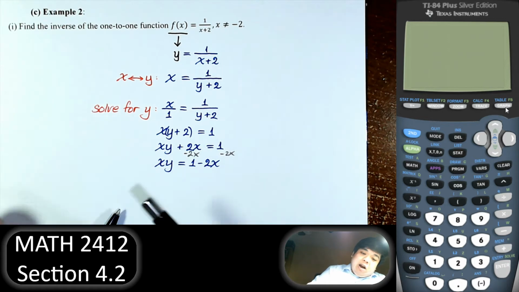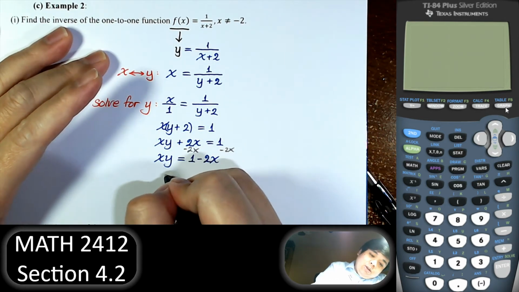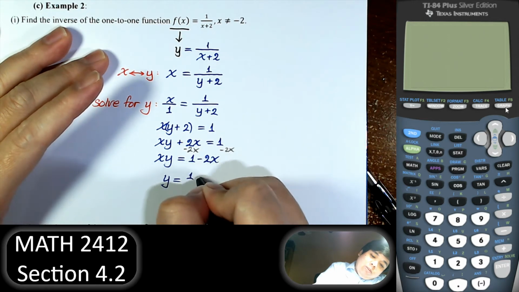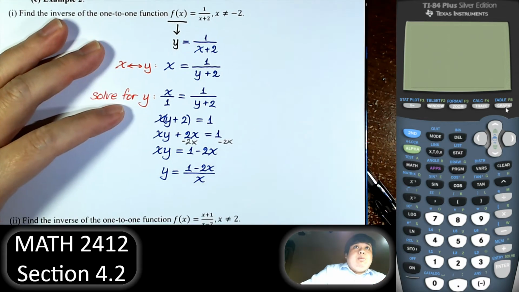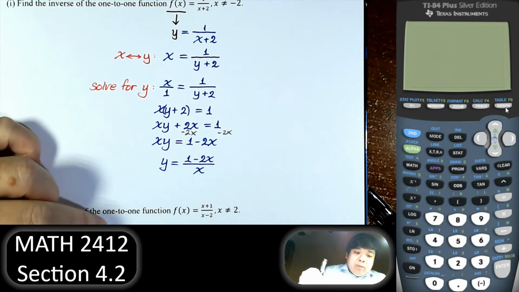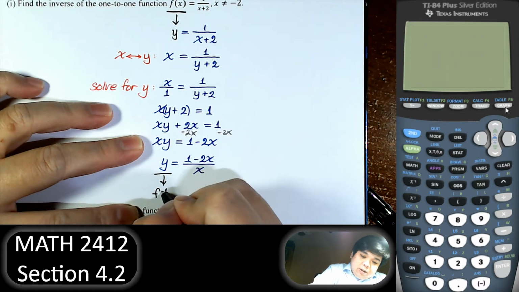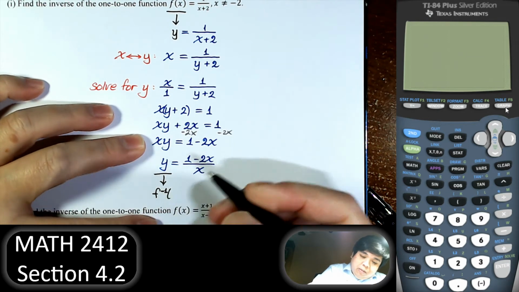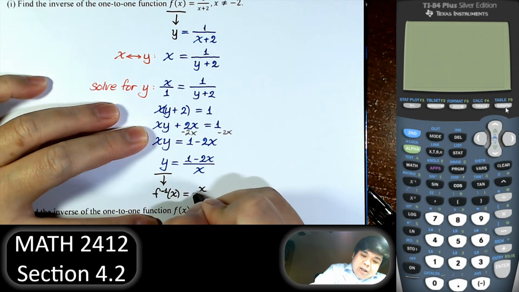And then just divide by x because we need to solve for y, right? So y equal to 1 minus 2x over x. And finally, the proper notation, instead of y, we're going to use f inverse of x equal to 1 minus 2x over x.